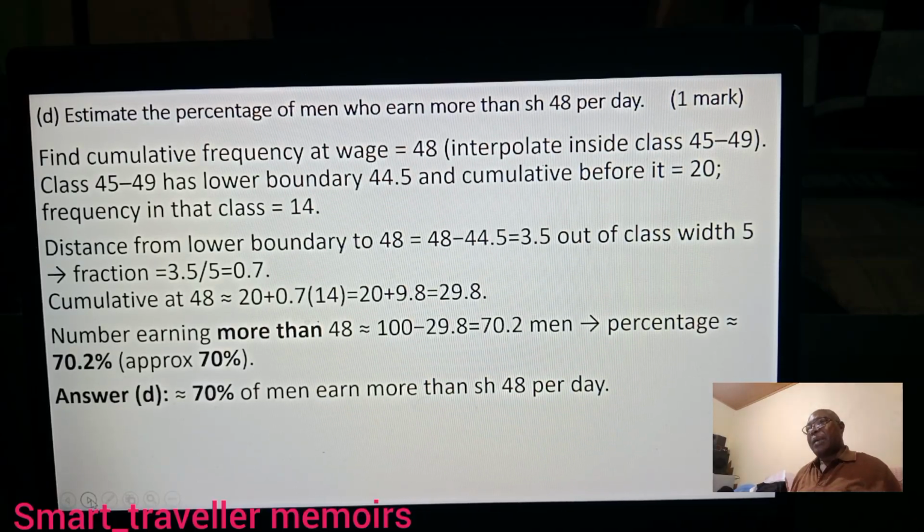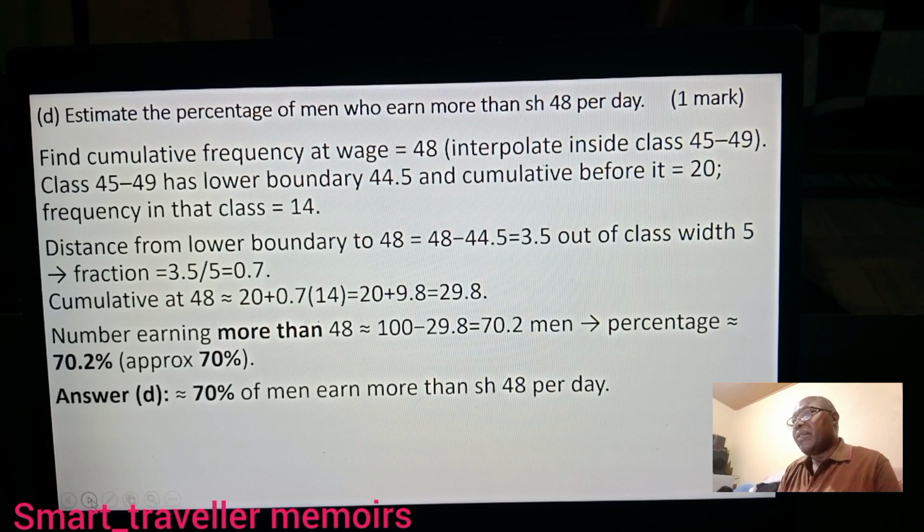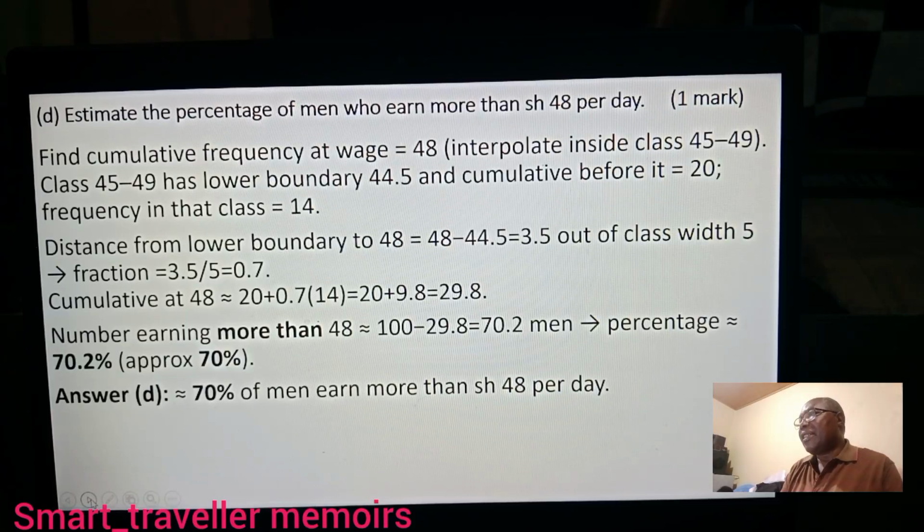Now, this is our last part. Estimate the percentage of men who earn more than 48 shillings per day. So you are going to find the cumulative frequency at wage equal to 48. You interpolate inside the class 45 to 49. Class 45 to 49 has lower boundary 44.5, and the cumulative before it is 20. Frequency in that class is equal to 14.